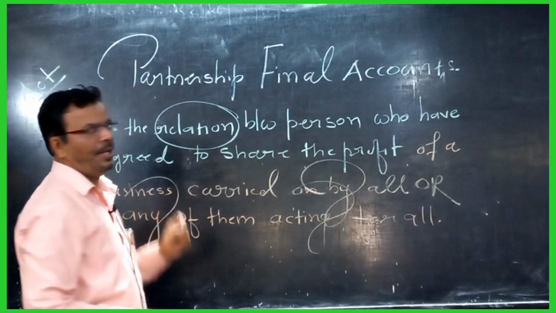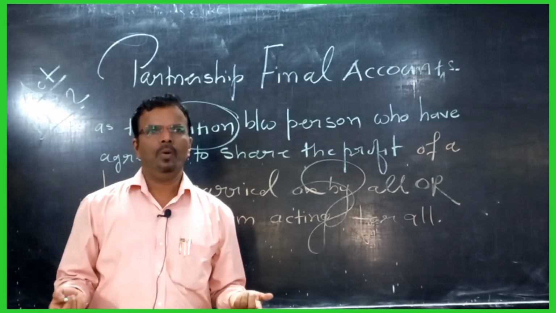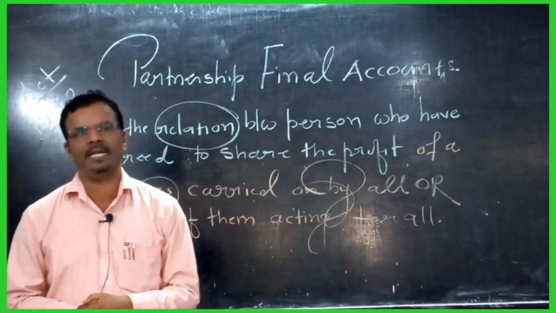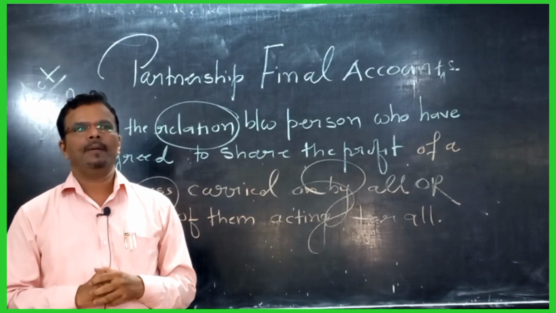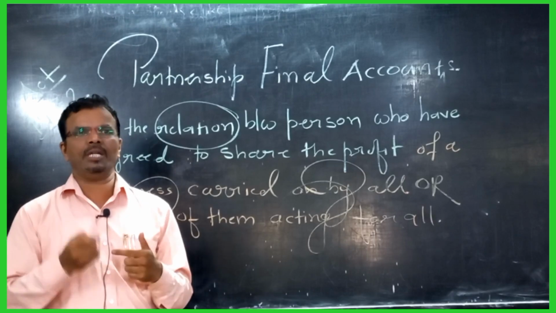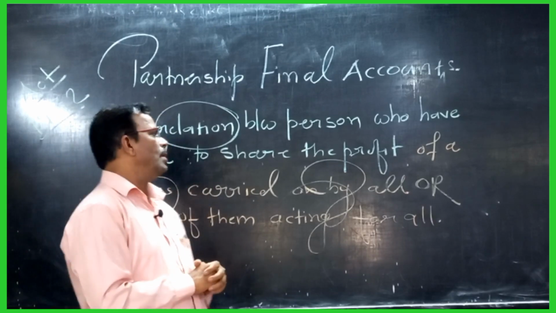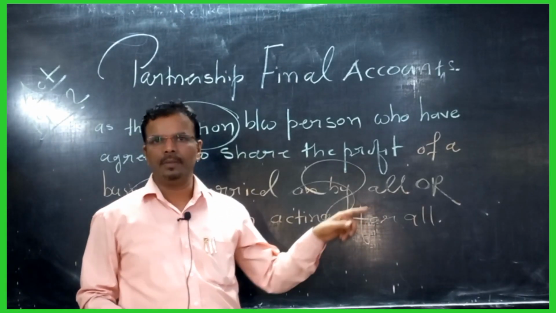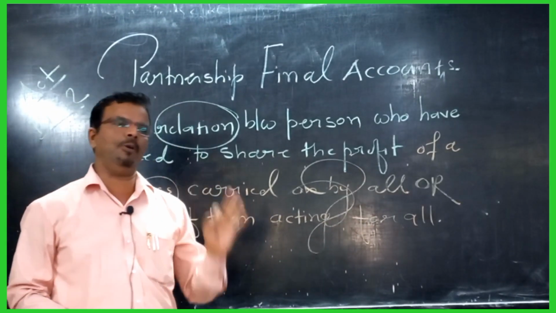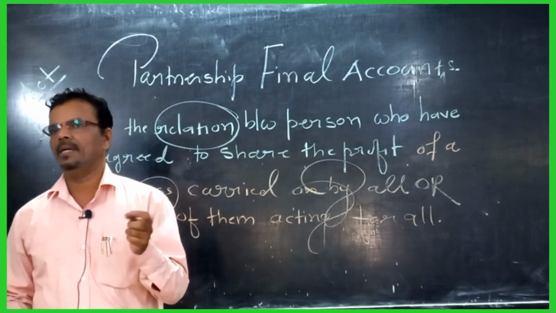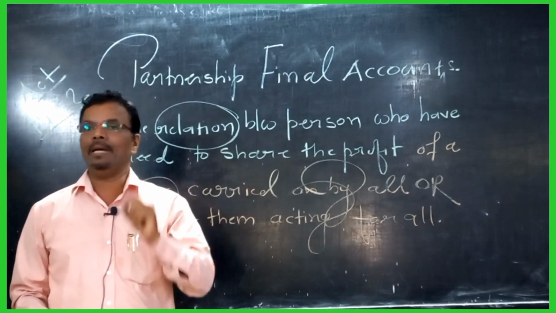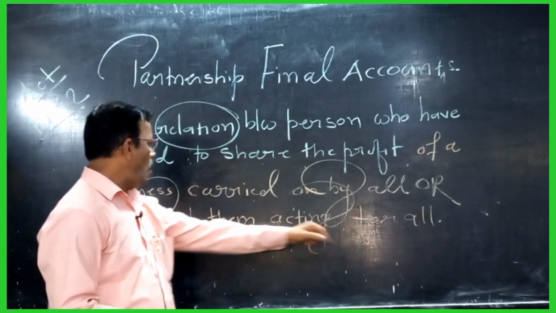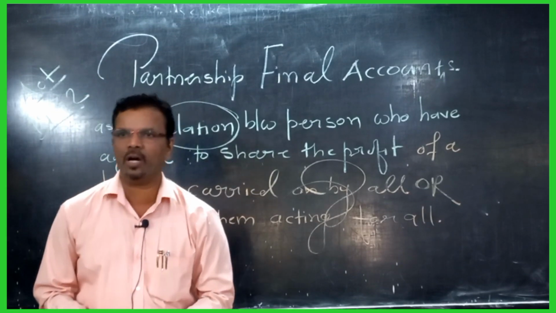Who have agreed. At the same time, they will agree to share the profit of the business. So whatever the business and the profit, we will share in our profit sharing ratio. And this business is carried on by all, or any of them acting for all.